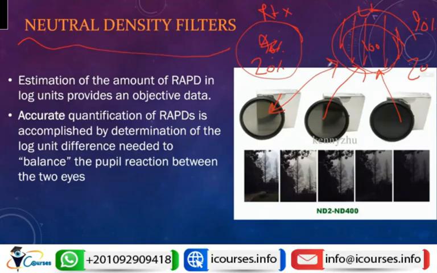So there is no relative pupillary defect. So we can estimate the amount of relative afferent pupillary defect in logarithm units, providing objective data by quantification of relative afferent pupillary defect through determination of log unit differences. We just need to balance the pupil reaction between both eyes, so that this neutral density filter will reflect the amount of damage to the other eye.